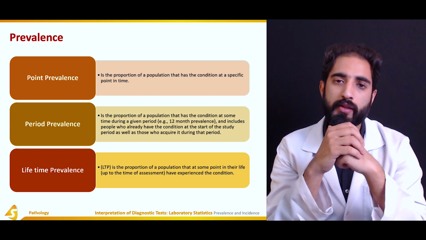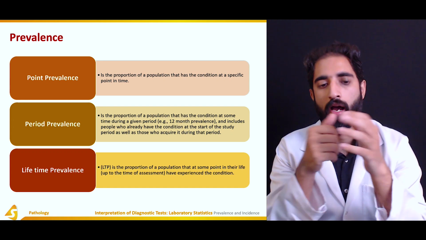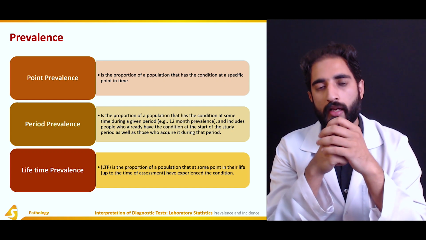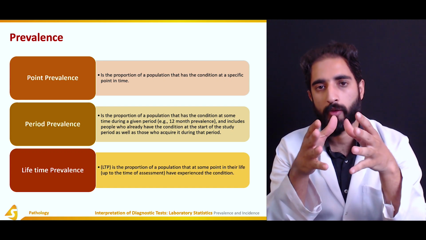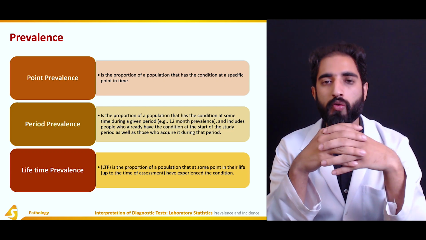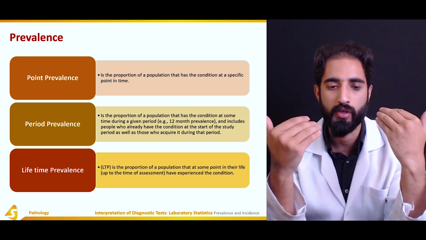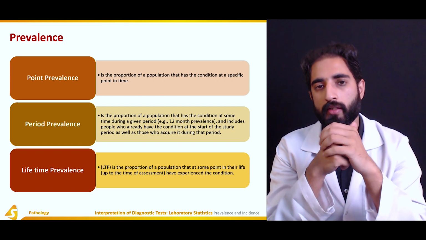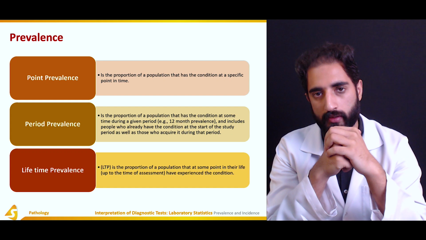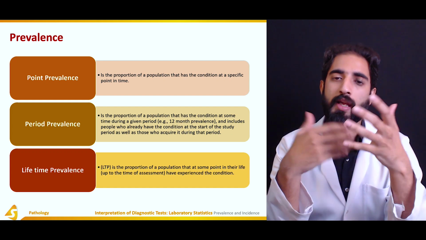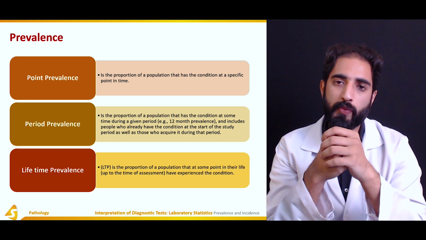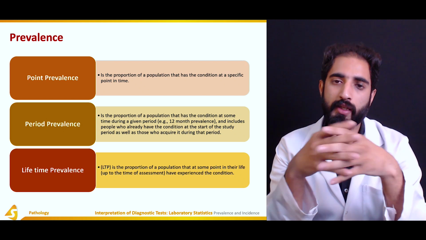Now I modify the question and I ask the individuals, did you have neck pain in the last 12 months? So I'm trying to find out the period prevalence for the last 12 months. Now, I can also calculate the lifetime prevalence.